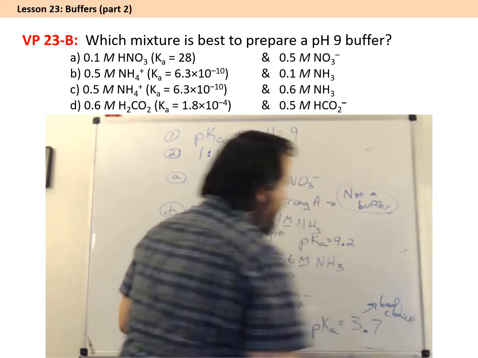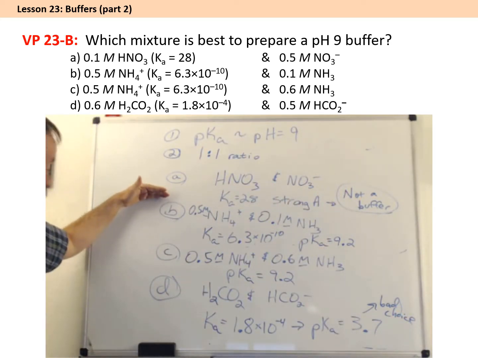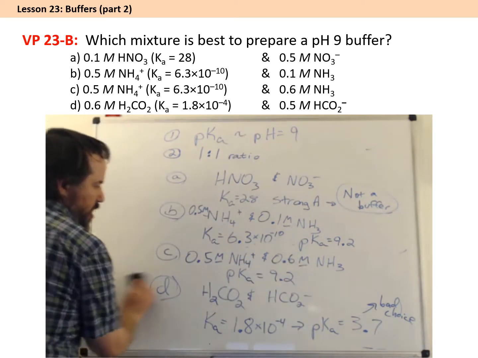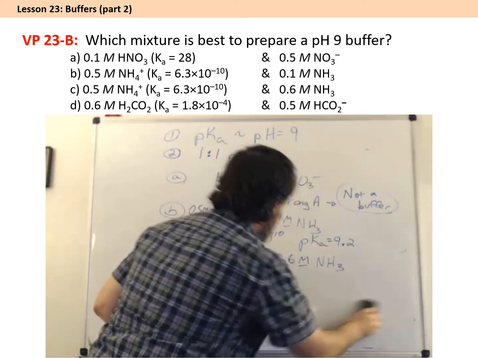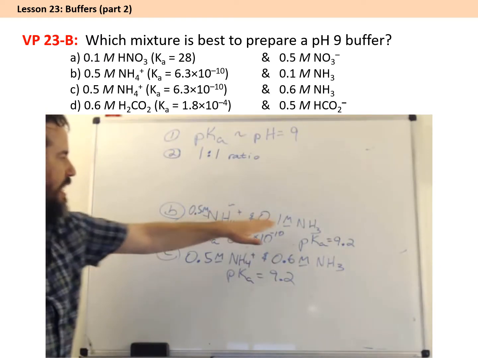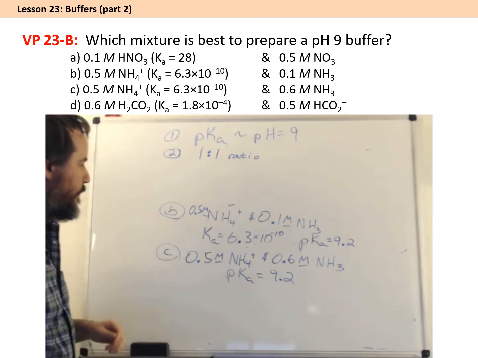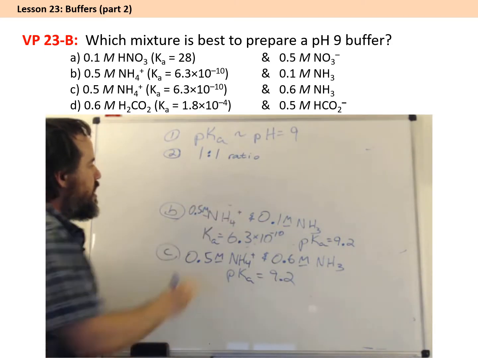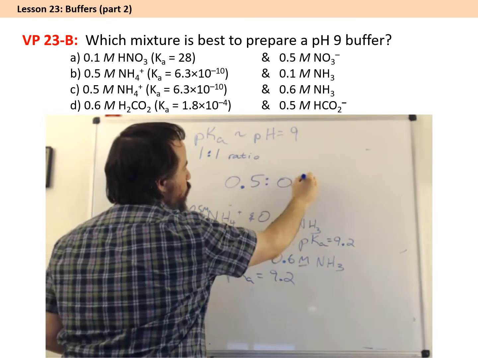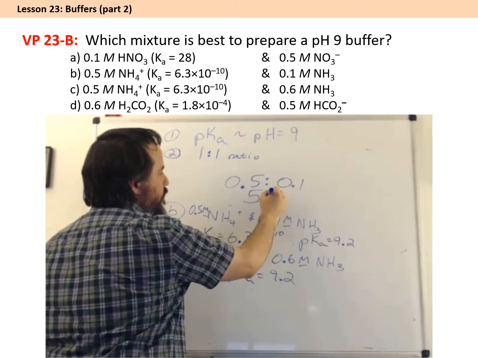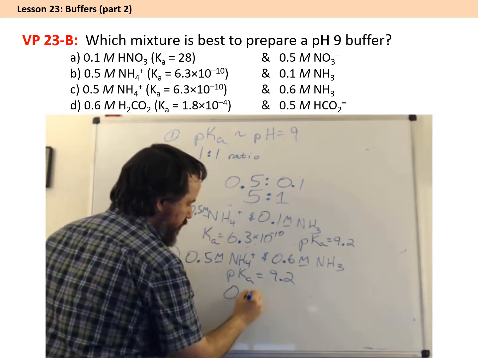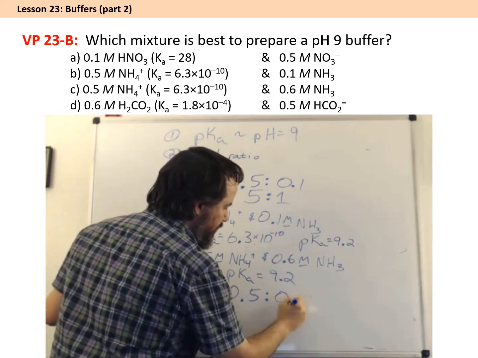Okay. All right, so A was a bad choice because it's not a buffer. D is a bad choice because the pKa is not close to pH. But let's look at B and C. B and C are the same acid and base, ammonium and ammonia. But look at the ratio. Here I have 0.5 to 0.1. So I have 5 for every 1. In this one, I have 0.5 to 0.6.